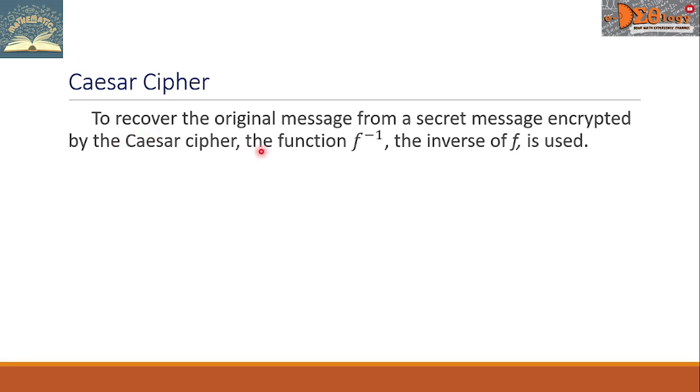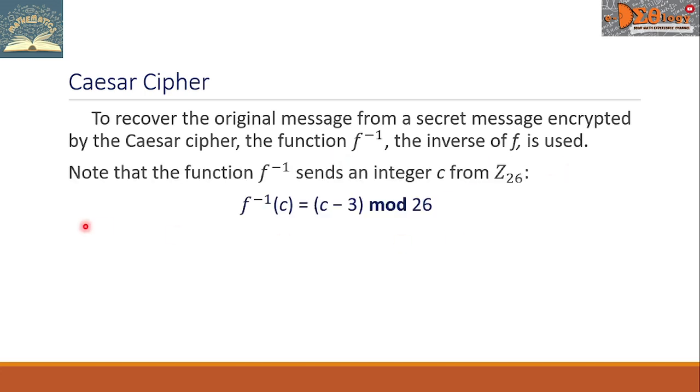To recover the original message from a secret message encrypted by the Caesar cipher, the function f inverse is used. Note that the function f to the negative 1, or f inverse, sends an integer c from Z sub 26.